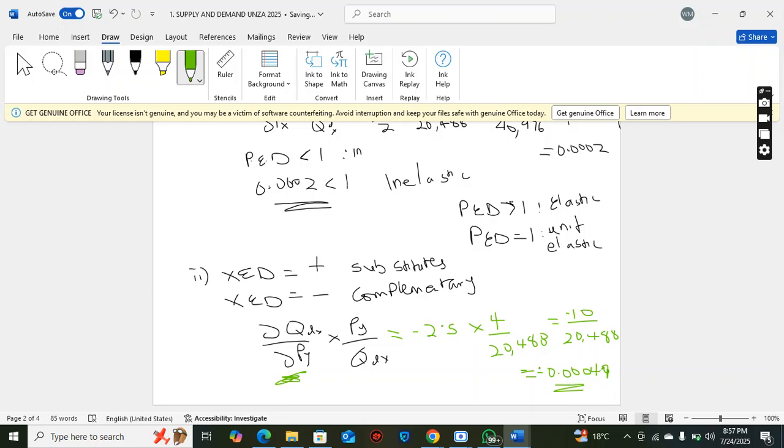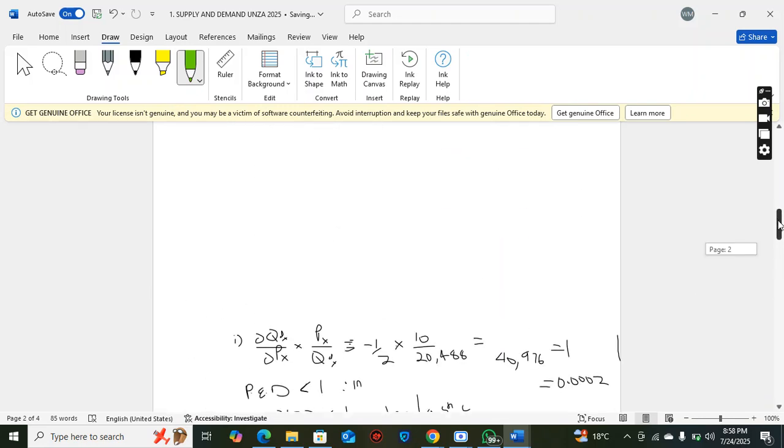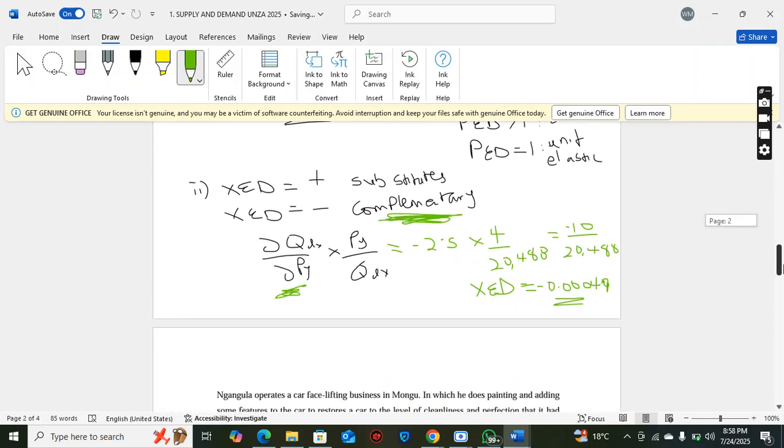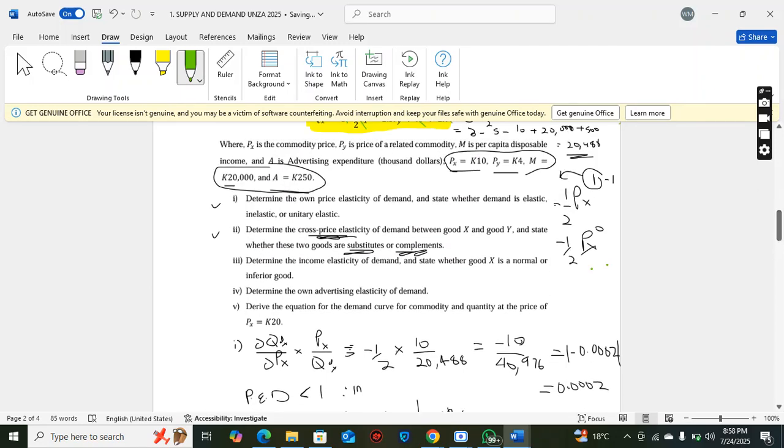So since we've got this negative sign here, this negative 0 point thing, we know that our goods are complementary goods. Because our cross price elasticity of demand is negative. So what was the question asking? It just asks us, determine the cross price elasticity of demand. It's the negative 0.0049. And then they're asking us, state whether the two goods are substitutes or complements.